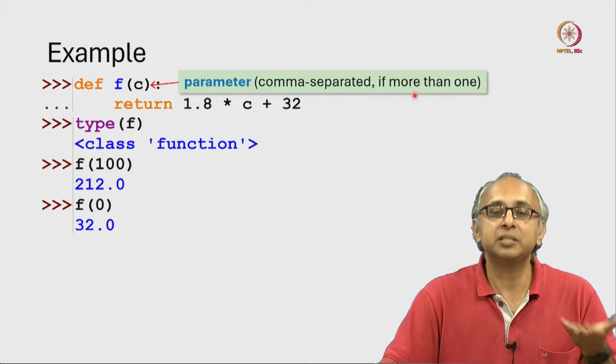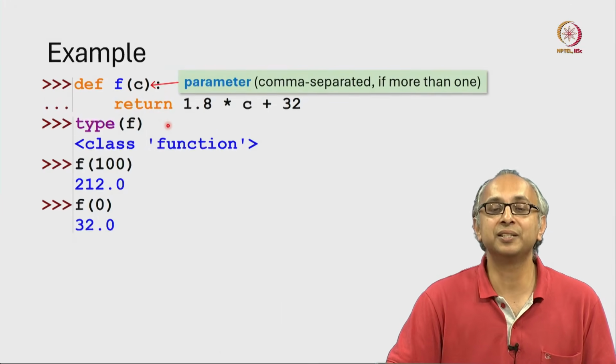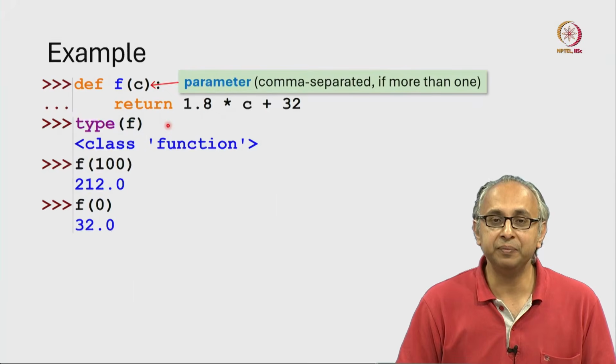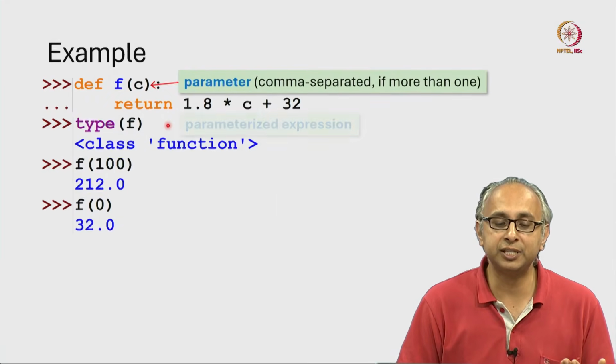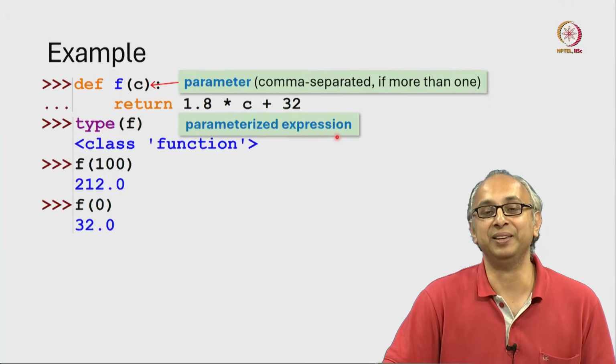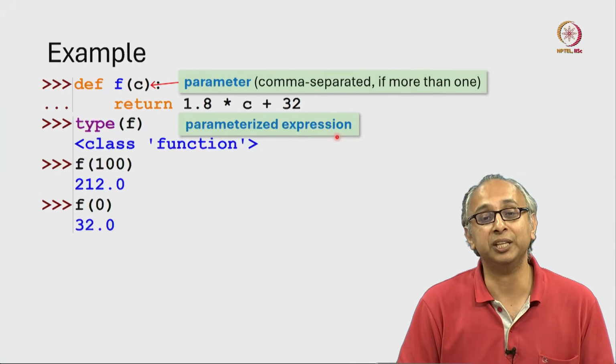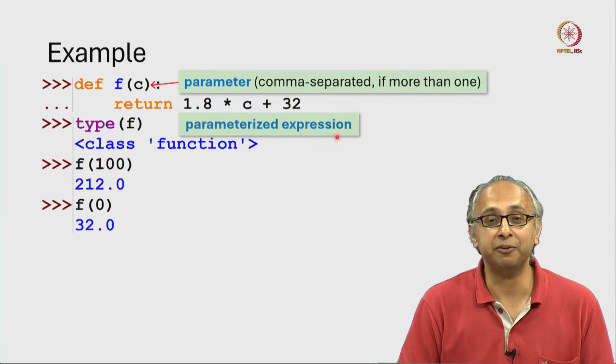And then in the simplest functions, you will have a single return statement, and typically this function will return an expression which is parameterized, which means it depends on one or more of the parameters that you gave.